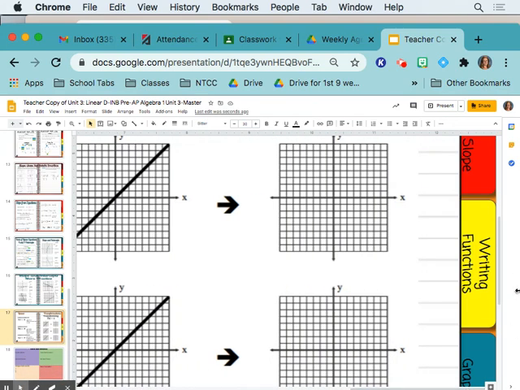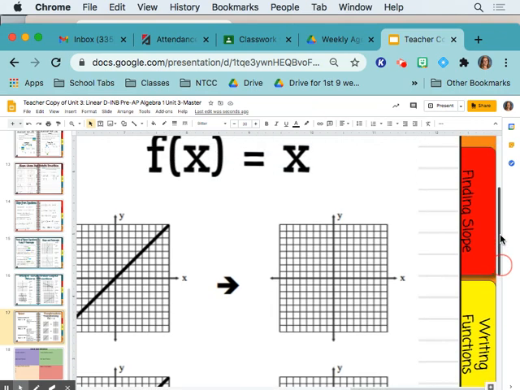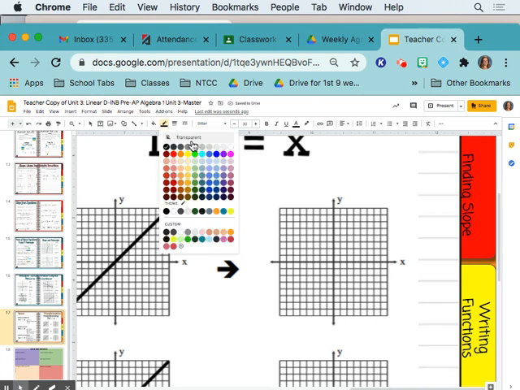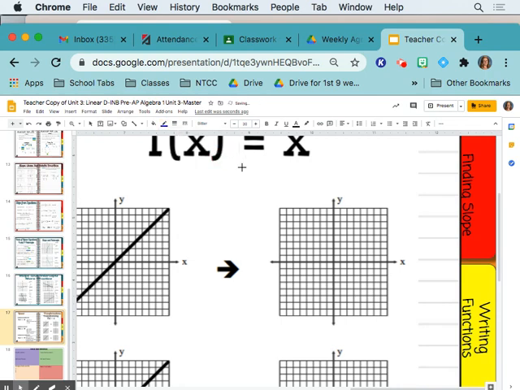Okay, so the first one was the slope, did we make it 3 times? Okay, so get a line and make it, let's say, 3x. I'm going to make the color blue. And it's still going to go through the origin, so we'll start at the origin.